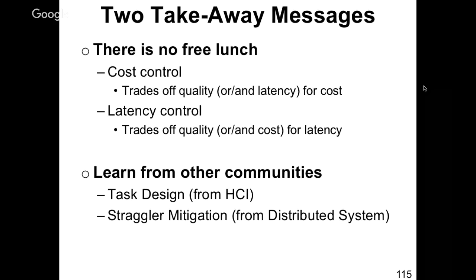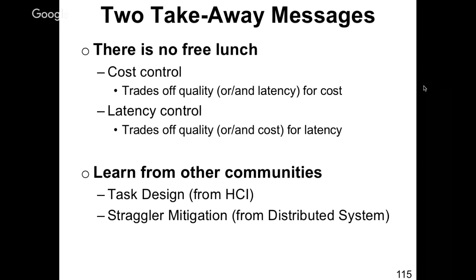And there are many other communities outside the CS field, like economics and psychology. They are also working on some interesting problems about crowdsourcing. So in this presentation, I talk about 2 ideas from other communities that can be applied to reducing the cost or improving the latency.